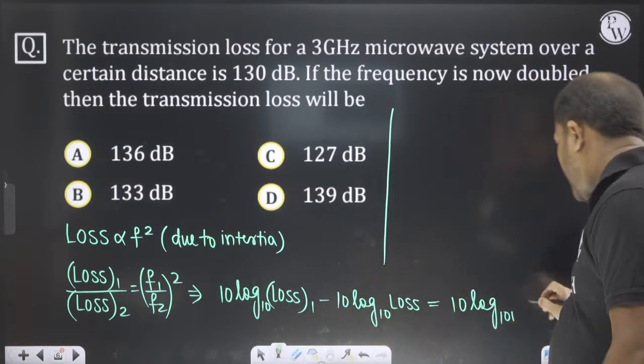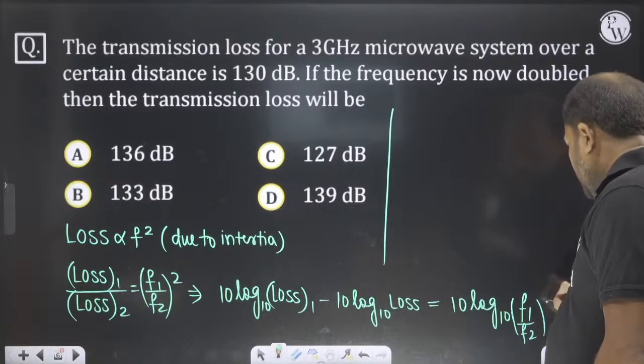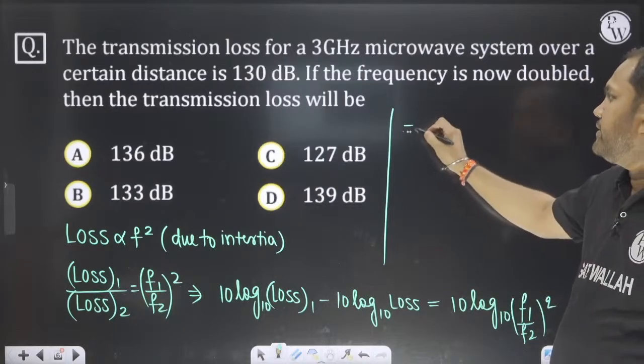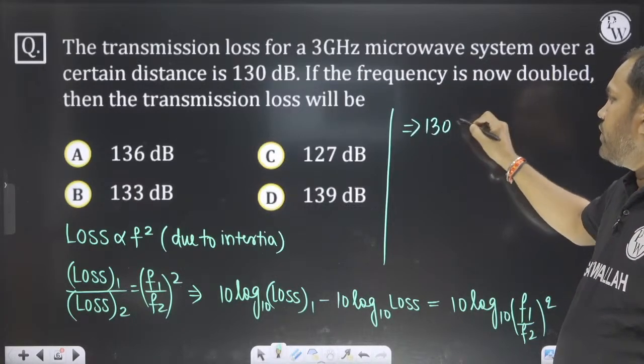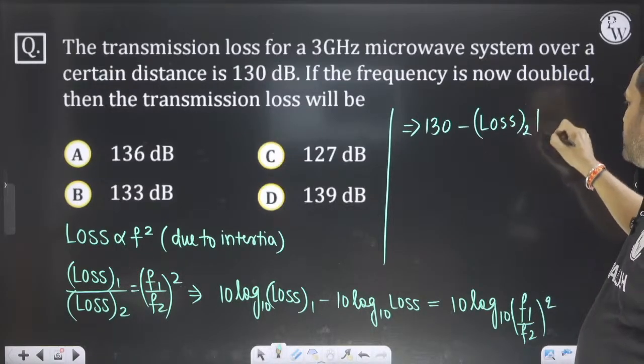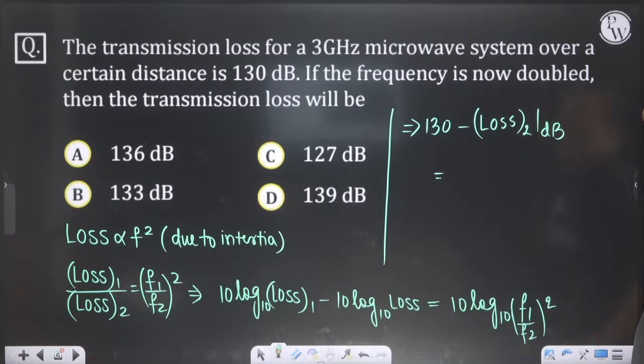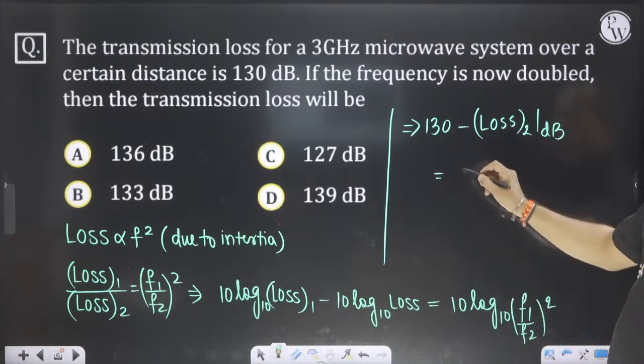Loss 1 is 130 dB. Loss 2 in dB we don't know. And what is frequency F2? F2 is 2 times F1.